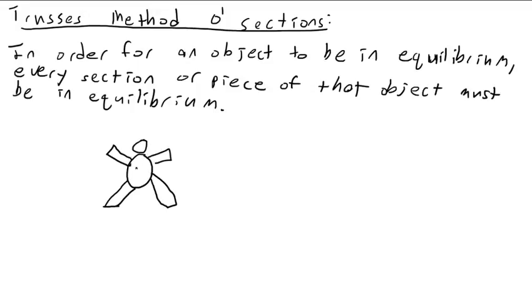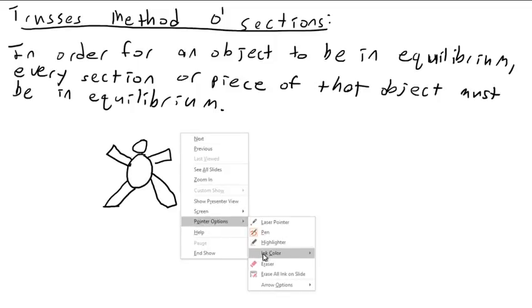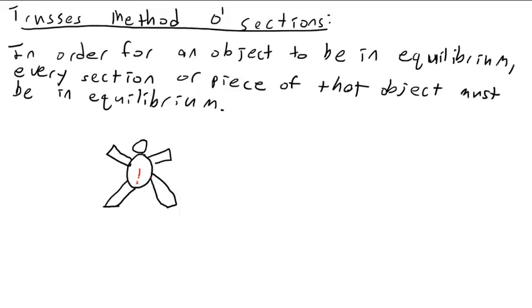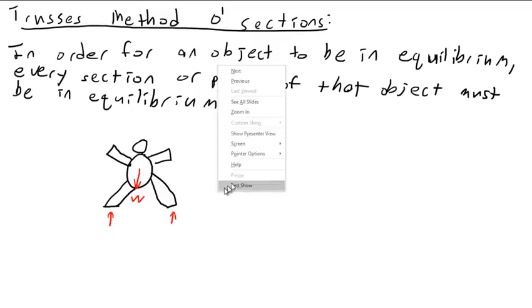A person. And I could draw a global free body diagram. If I did that, I would have the weight coming down from the center of mass, and a pair of normal forces representing their feet. That is the condition for the global free body diagram.